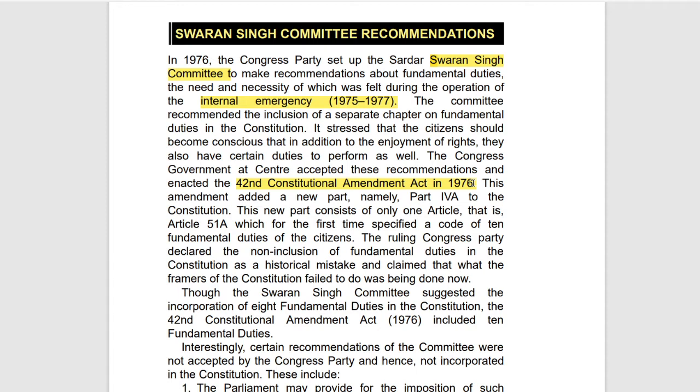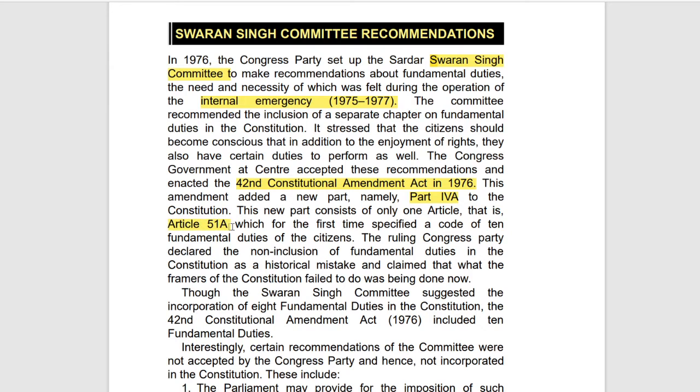So now what you can do, you can add this 42nd Constitutional Amendment Act either in a separate paragraph below the Swaran Singh Committee recommendation, or you can even add this part in your introduction, which we just made. All right, then it added a new part, so I will underline this, Part 4A, and it added one more article, that is Article 51A.